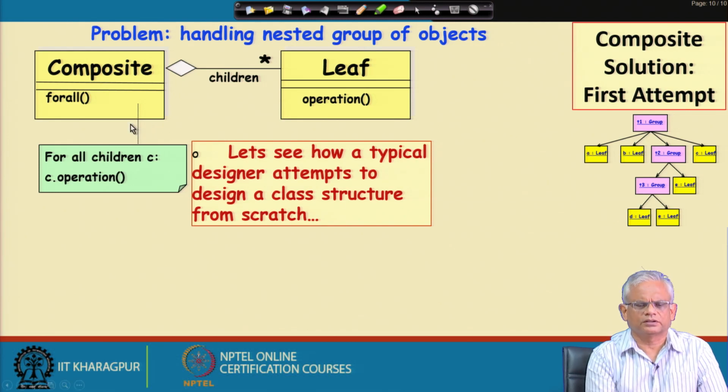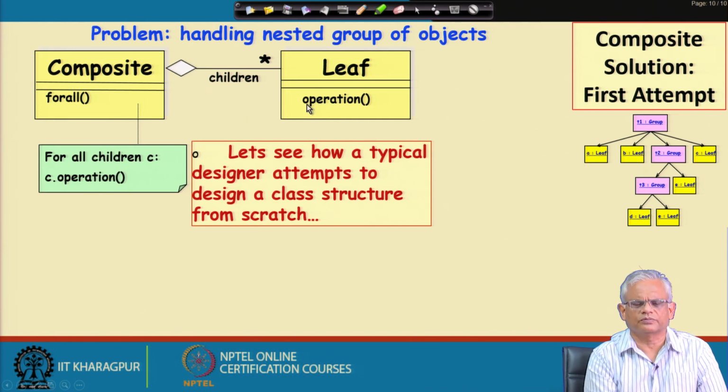A composite contains leaves, many leaves, and then the composite, the method supported is forAll, and for the leaf it is operation. And if you want to, let us say, move a composite, it will invoke the forAll, and the specific operation may be move.